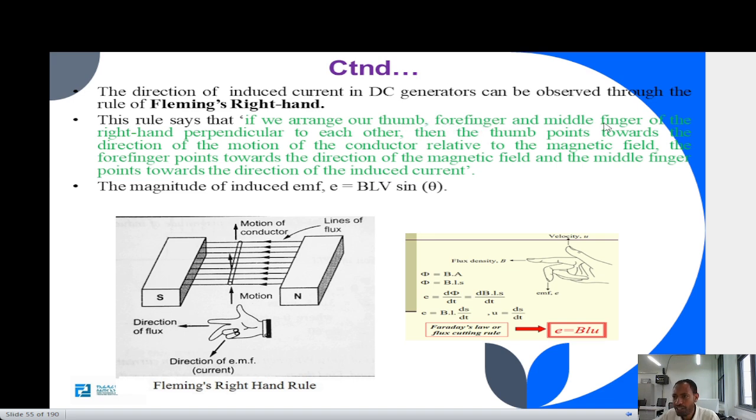What this rule says is that if we arrange the thumb, forefinger and middle finger of our right hand perpendicular to each other, at 90 degrees like this, I don't know whether it is visible to you.